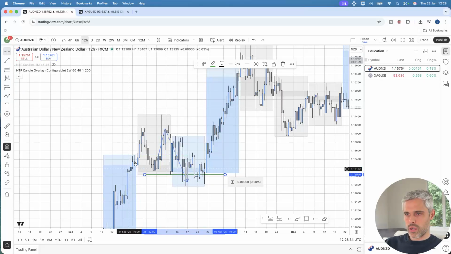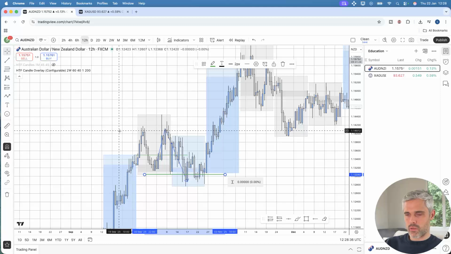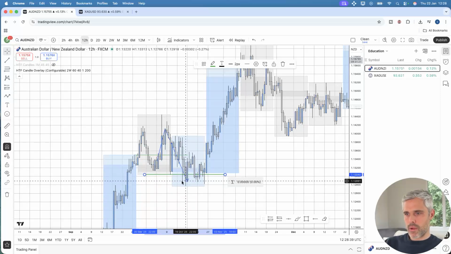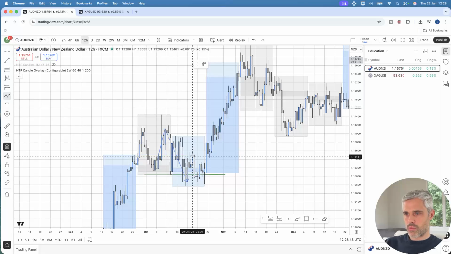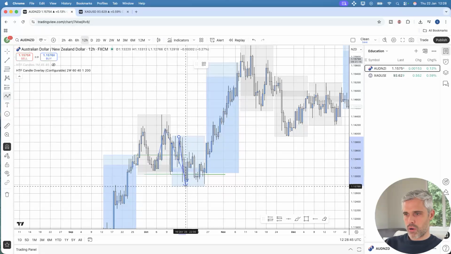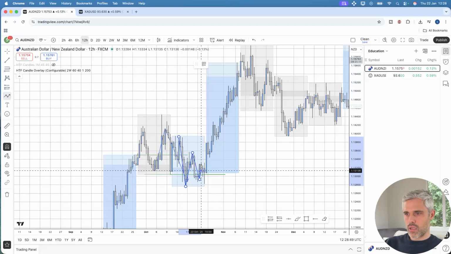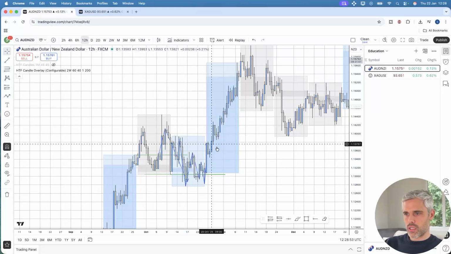So first and foremost, we raided this external range liquidity, price then came back, raided this external range liquidity, then we get a true market structure shift. So we have price coming down, retracing into these areas, trying to go lower, retracing, trying to go lower, and then we get a true market structure shift.